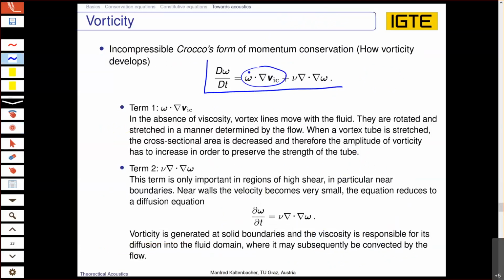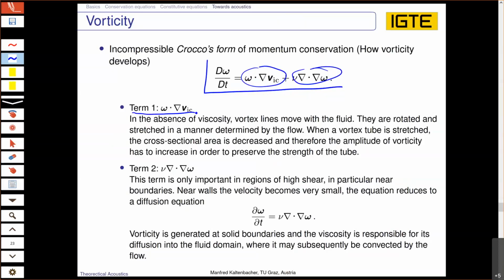And the second term is just the vector Laplacian of the vorticity scaled with the viscosity here.